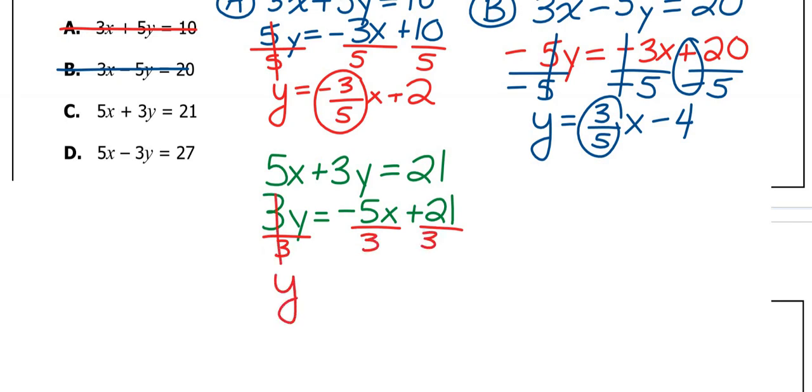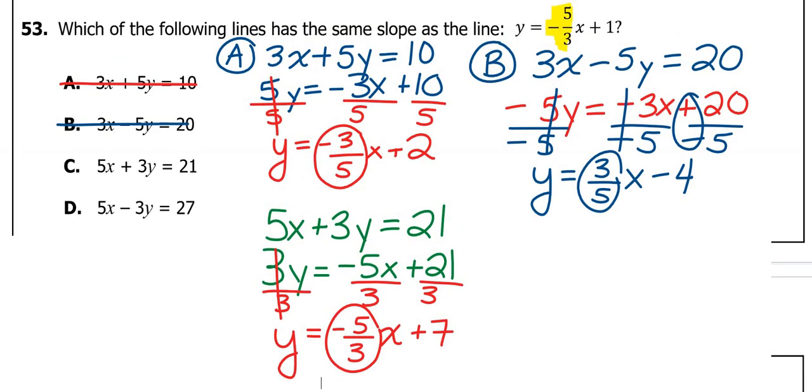And now we have y equals negative 5 over 3x plus 7. And here we have a slope of negative 5 over 3, which is what we wanted in the question. We wanted to find the line that had a slope of negative 5 over 3. So we're going to select choice C.